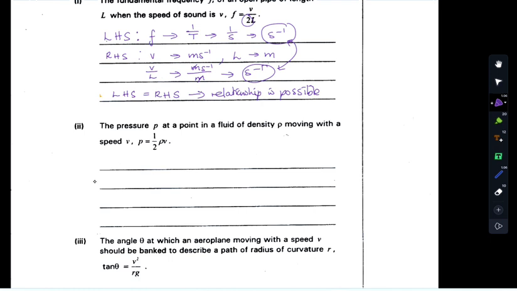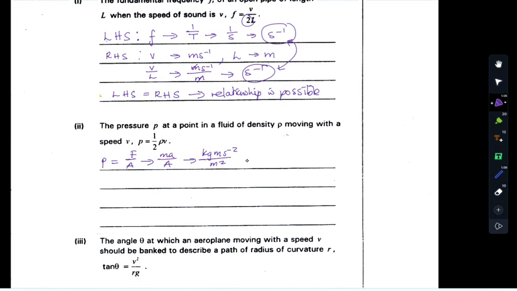Now let's look at the second one. We're told the pressure P at a point in a fluid of density rho moving with a speed v is given by that. From definition we know pressure is equal to force over area. Force is mass times acceleration, so it's ma over capital A. This translates to kg meters per second squared divided by meters squared.